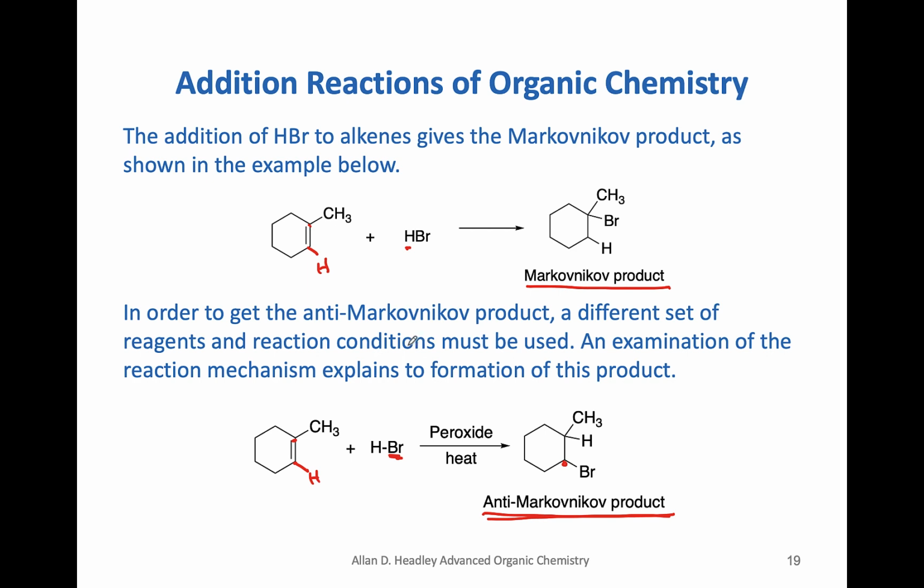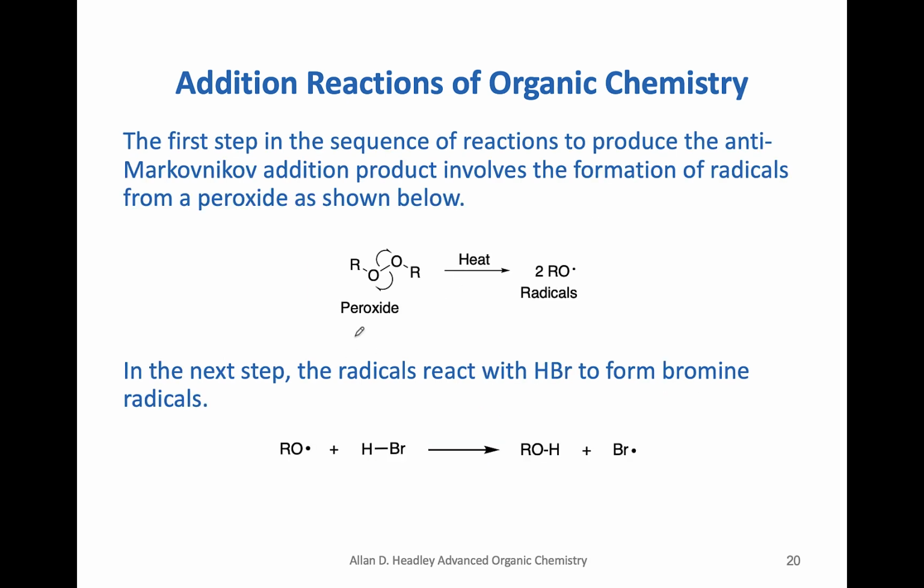As you can imagine, the set of reaction conditions that's used before, i.e. just adding HBr, will not work. So we'll have to use something different. We add HBr in the presence of peroxide and heat. So this addition of a peroxide changes the mechanism quite a bit. Let's see how that happens.